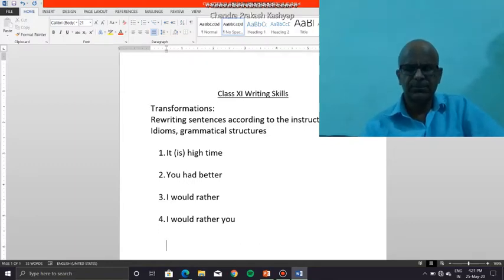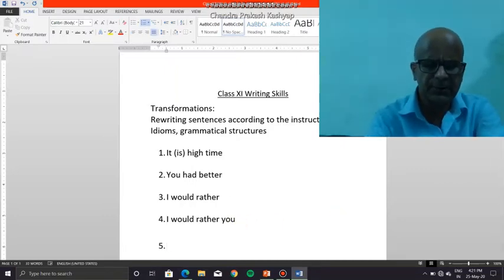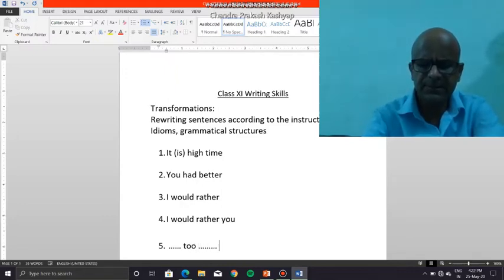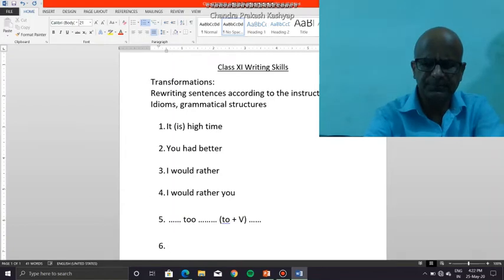You may also be asked, for example, to rewrite a particular situation or describe a particular situation, beginning, for example, using to plus verb, or say, for example, so that.